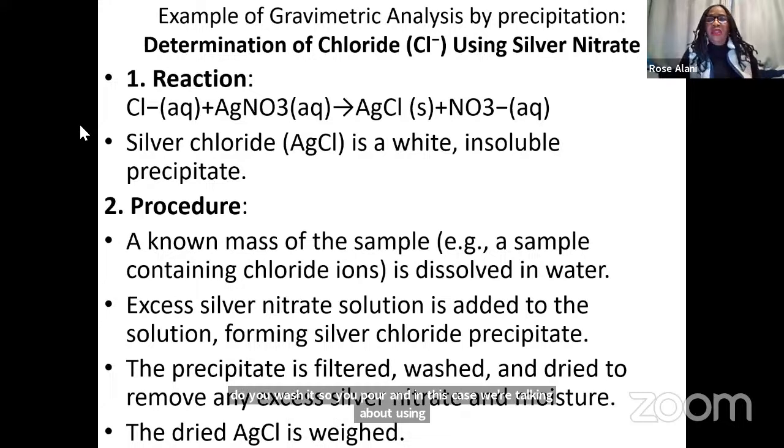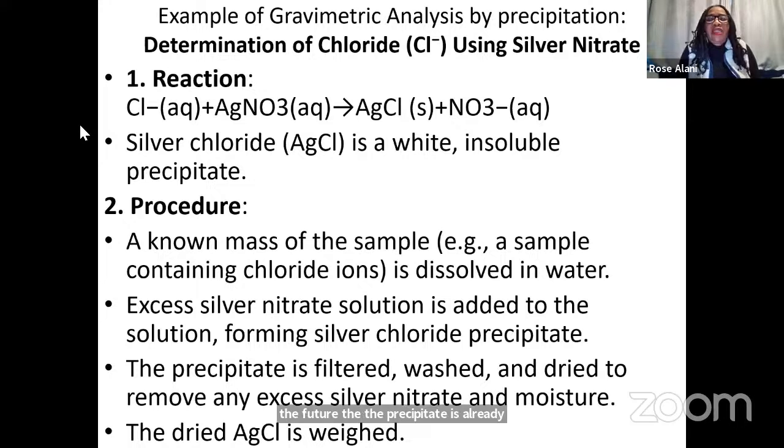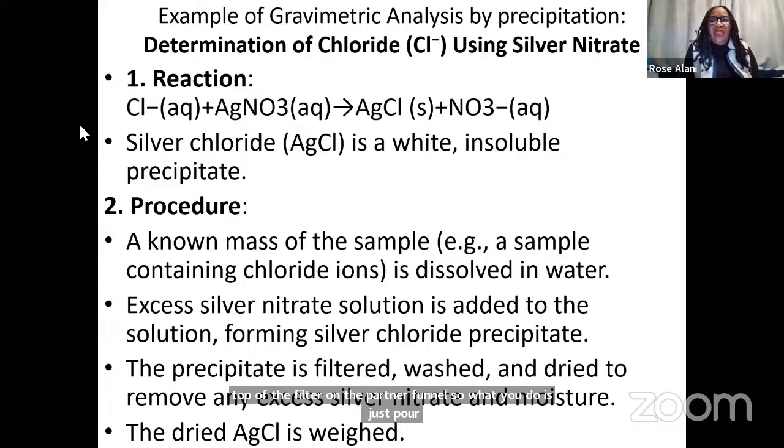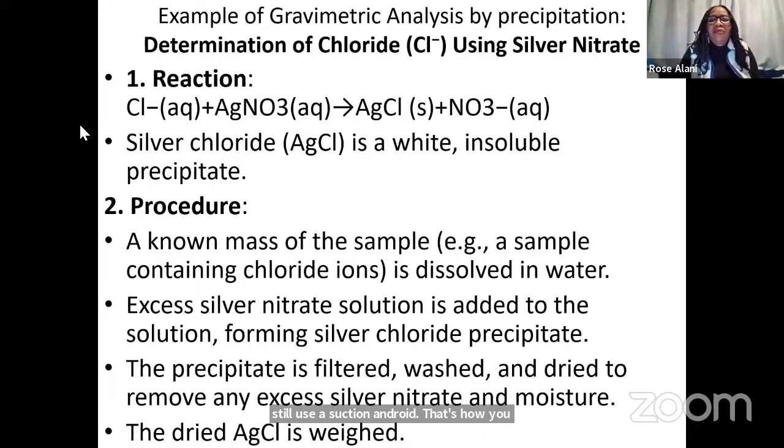The precipitate is already inside your Buckner funnel on top of the filter. So what you do is pour distilled water in there and still use the suction and draw it. That's how you wash and wash and wash. And then you have clean precipitate on the filter.